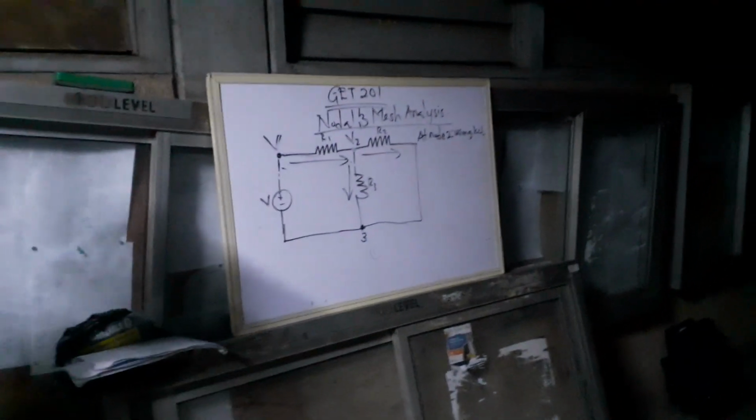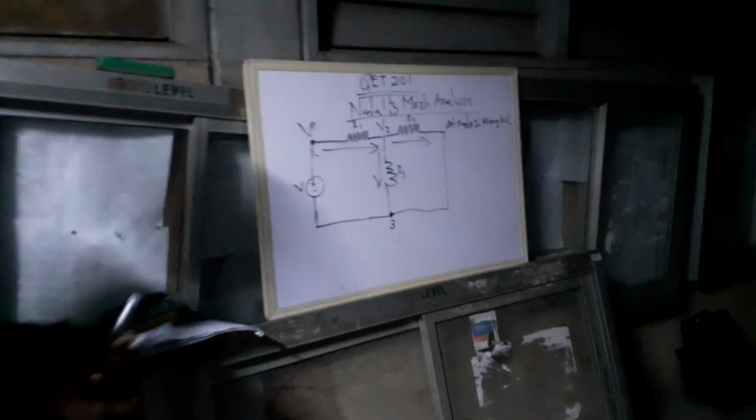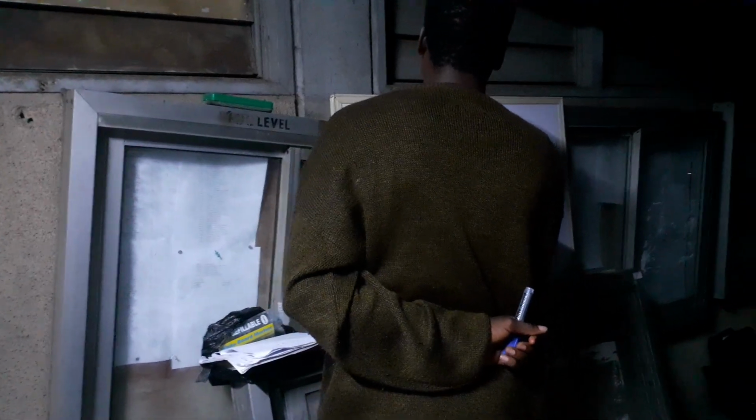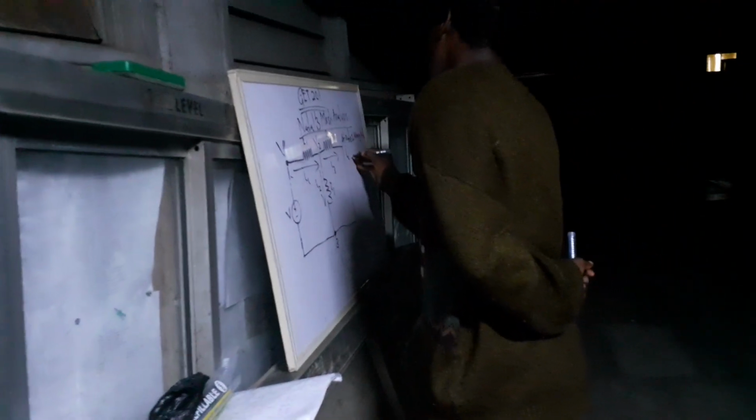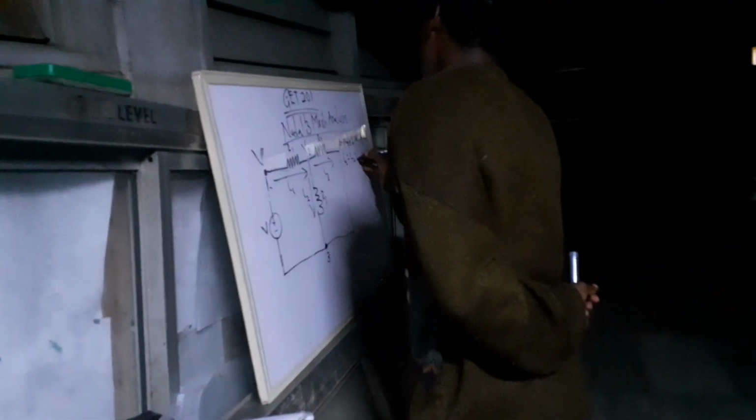The current is coming from here into the node and it's going out, right? Let's say this is I1, I2, I3. I1 equals I2 plus I3, right?